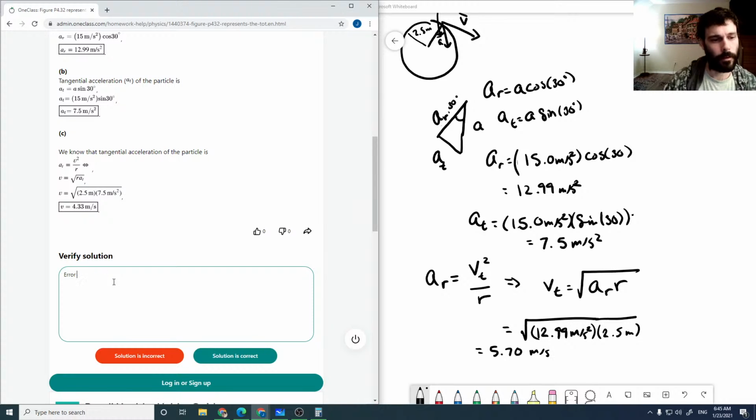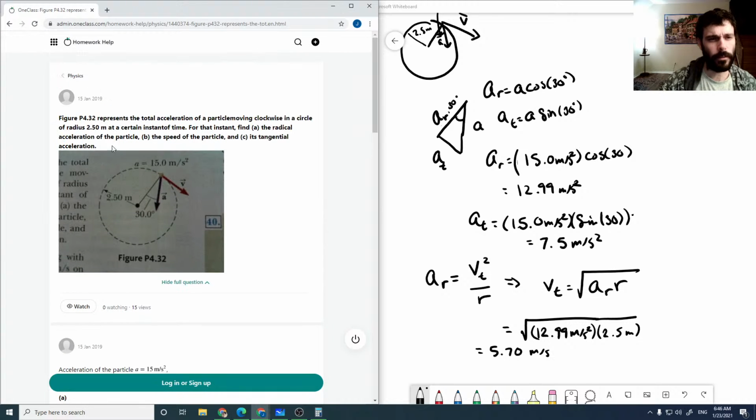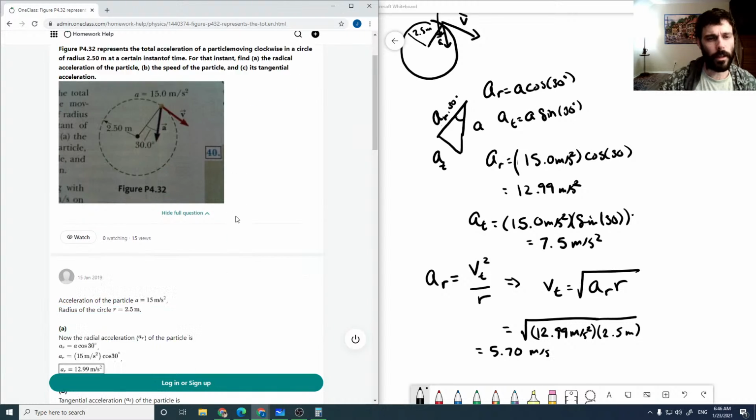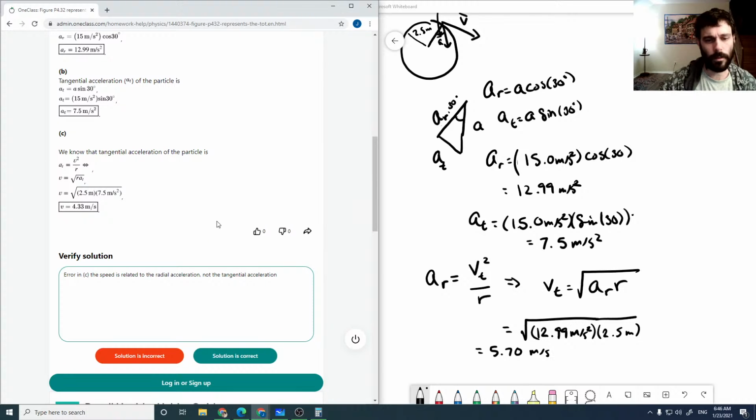So there in C, the velocity or speed is related to the radial acceleration, not the tangential acceleration. I presume that's the reason why the question was laid out this way, to get you to do the radial then the speed. So it was kind of a hint. So let's do that.